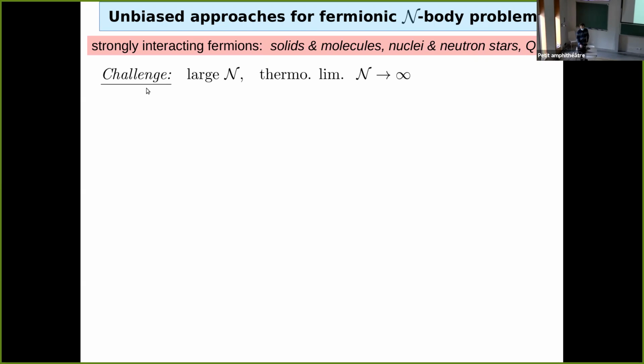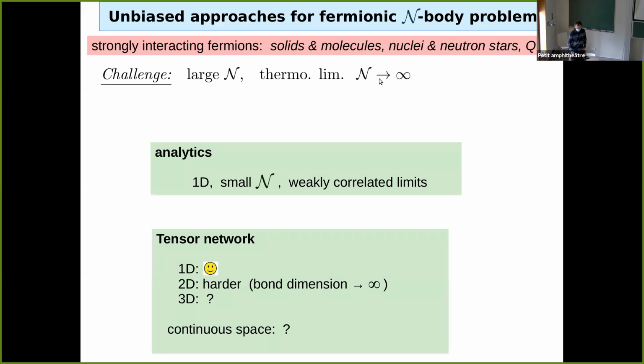And of course, the big challenge is to do reliable, unbiased computations for a large number of fermions, and usually even in the thermodynamic limit, where the number of fermions goes to infinity. So analytically, you can do a lot of things in one dimension, also for few-body problems, and in weakly correlated regimes.